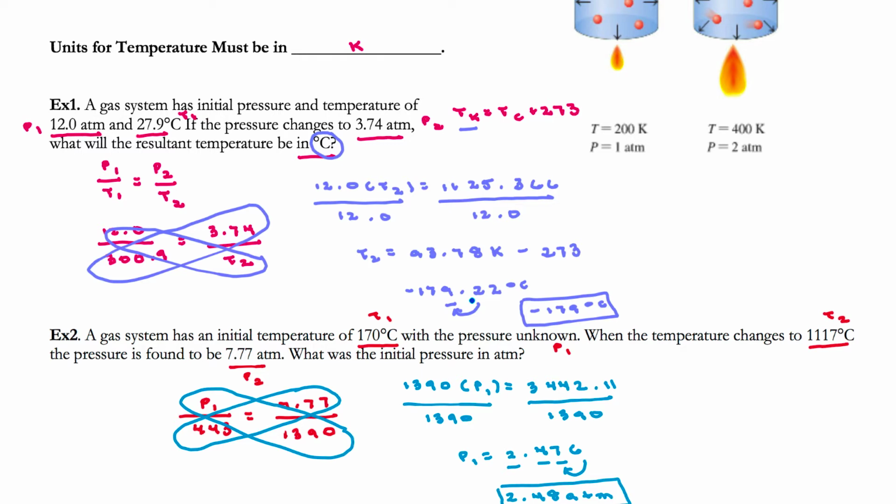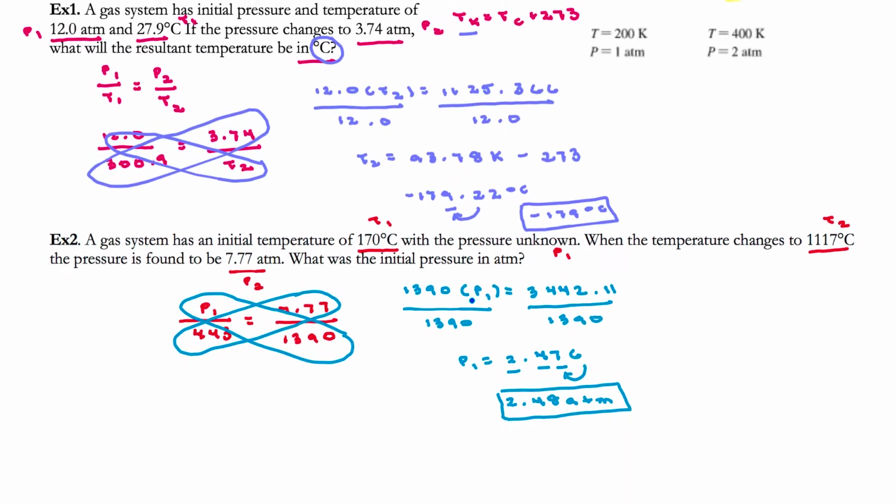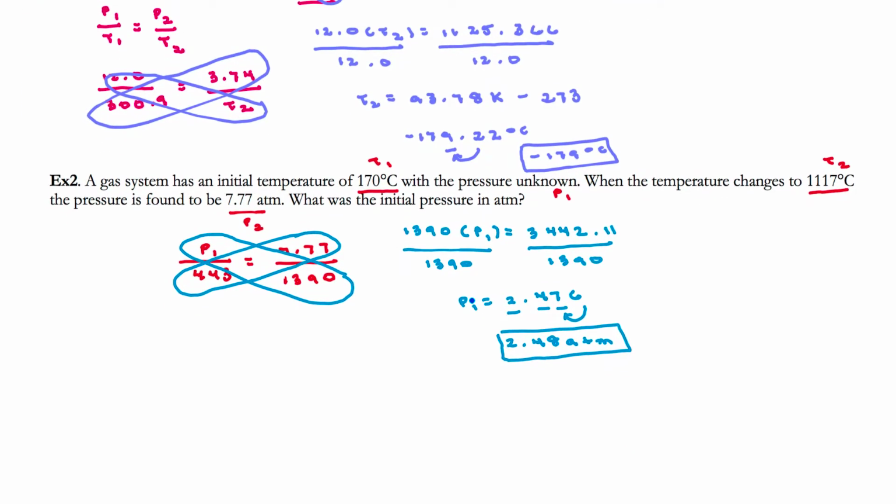So my temperature is decreasing, which is what I would expect. For the next example, notice I'm increasing temperature, going from 443 to 1,390. So this pressure here, my initial pressure, should be lower than 7.77. And it is, it's 2.48. So that's a nice, easy way to be able to check your math.